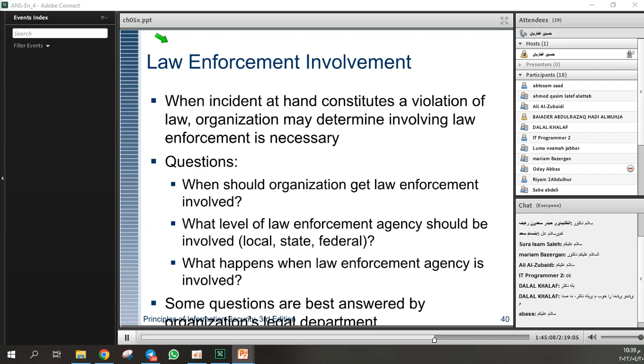Something bad happens, and now a law must be enforced. A law, maybe an international law, a national law, a state law, a local law, or an organization law. But because of some violations, law enforcement may happen.